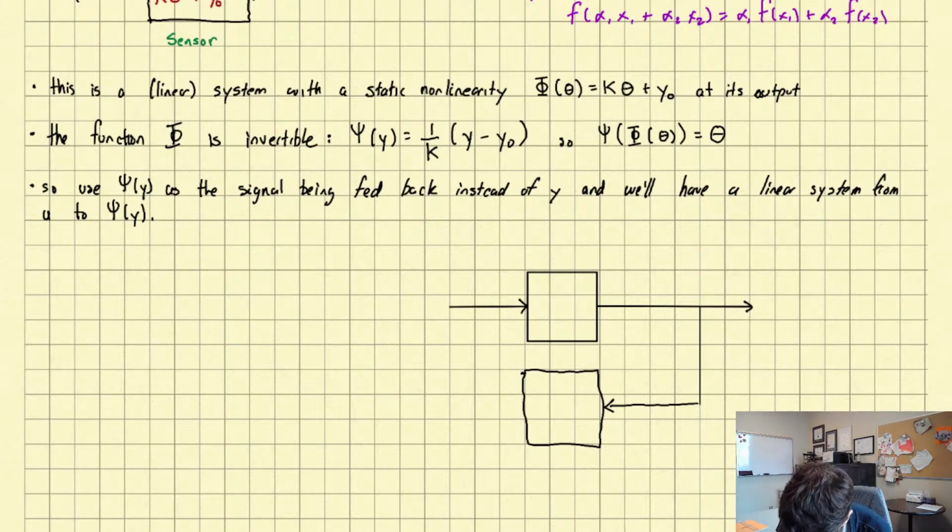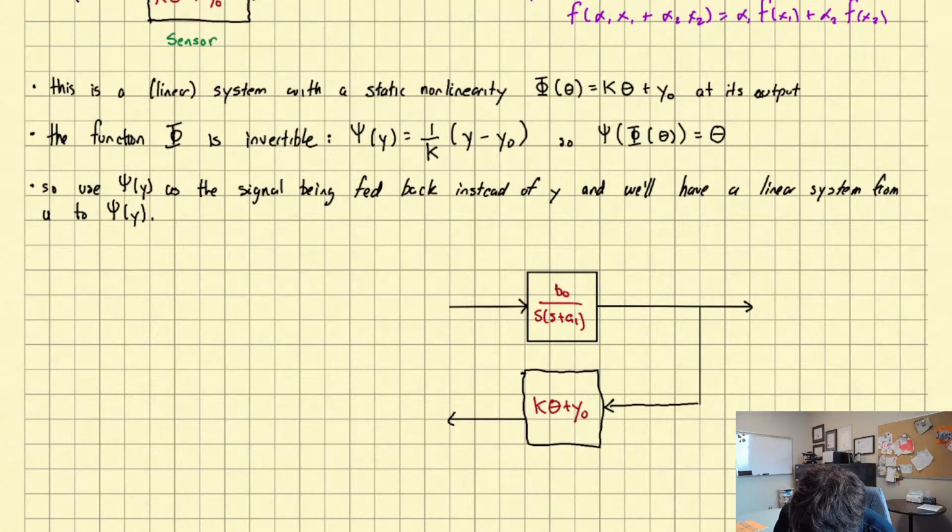Okay, so here this will be our plant, the usual story. Well, a plant with the sensor. So B0, this we said was K theta plus Y naught.